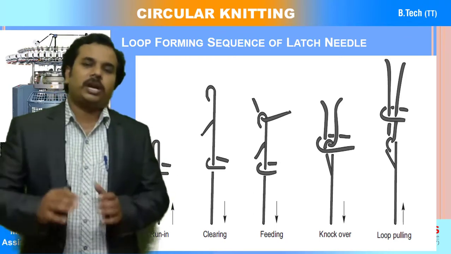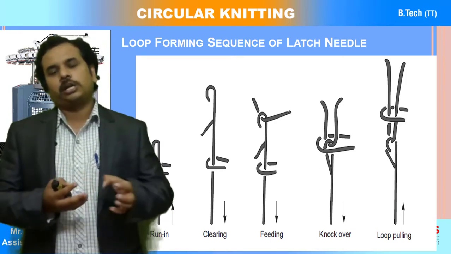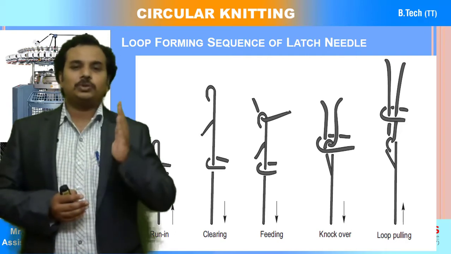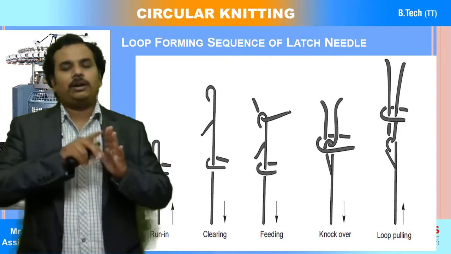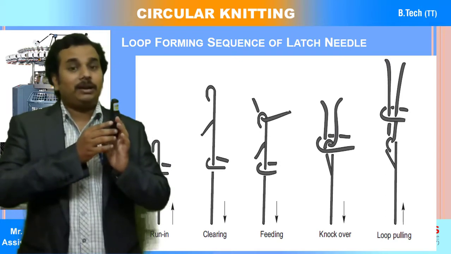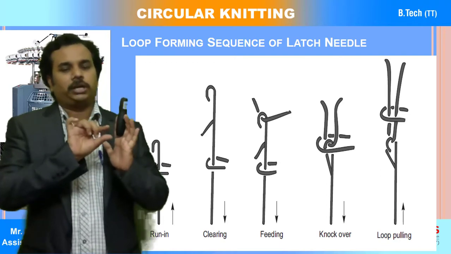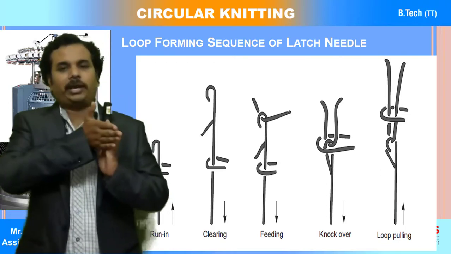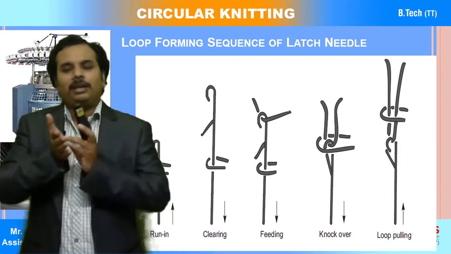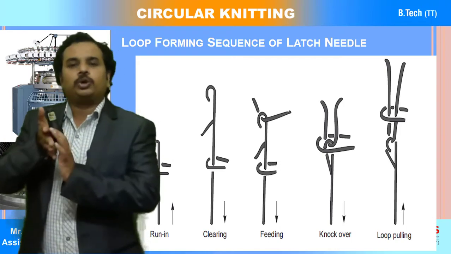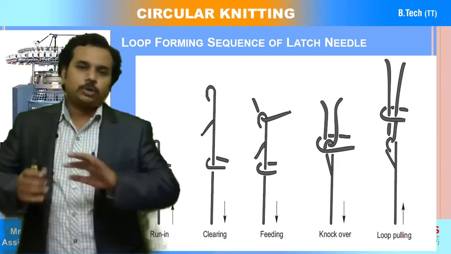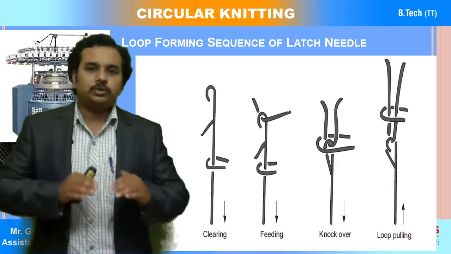If the cylinder is rotated, along with the cylinder our needle also rotates. The needle is kept inside the track of the cylinder, and the butt of the needle is projected outside. Now the cam is fixed against that, so once the cylinder is rotating, if the cam has a groove, the needle butt follows the cam path. This is how the needle is raised up.